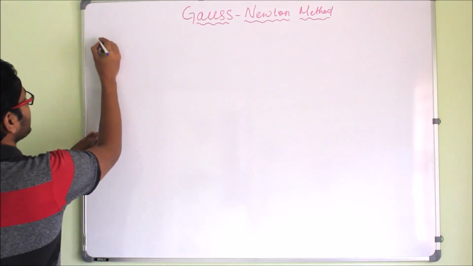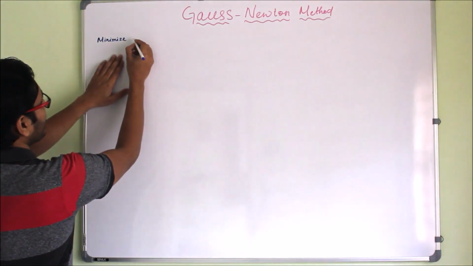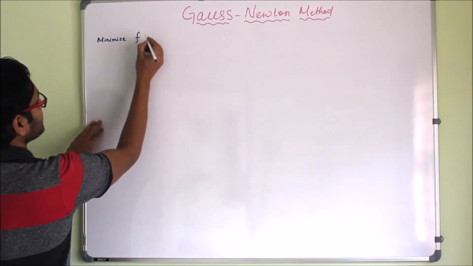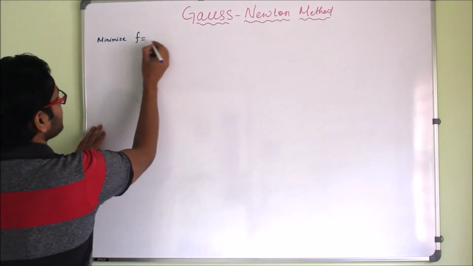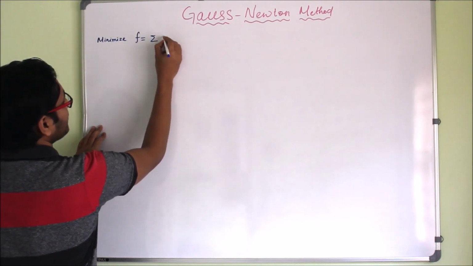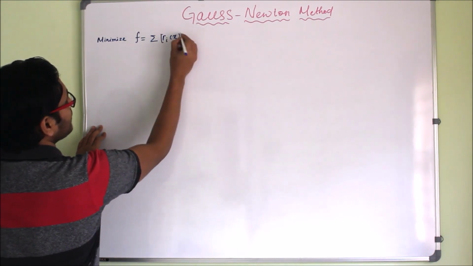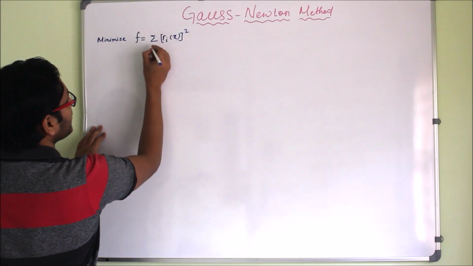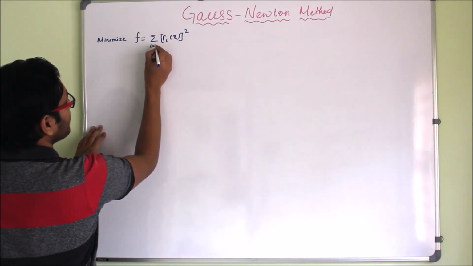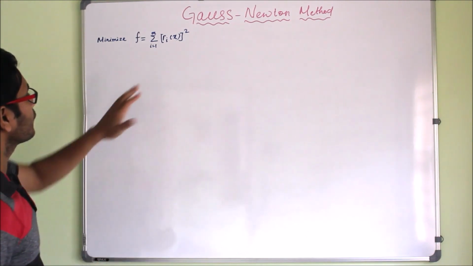So the problem statement is to minimize the function f, which equals the summation of ri(x) squared, where i runs from 1 to m. So this is the form.